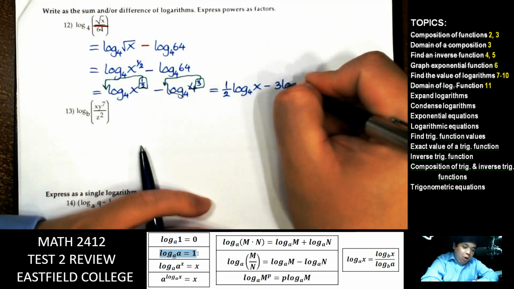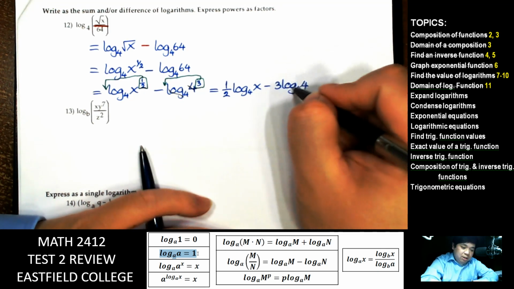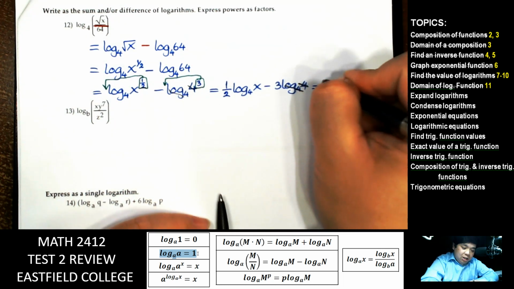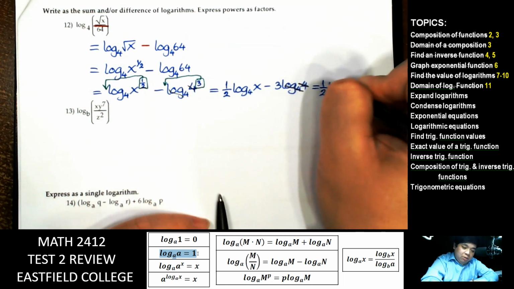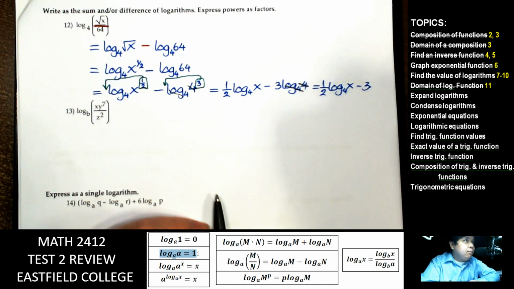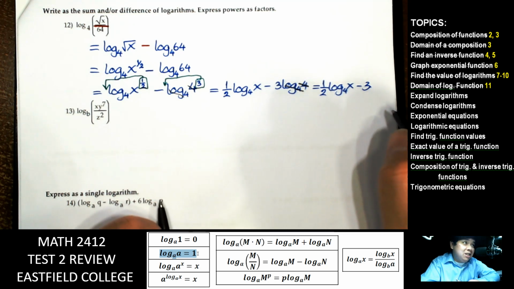Meaning that log base 4 of 4, as long as the base and the argument are the same, cancels. So that's still 3. So it's 1/2 log base 4 of x minus 3. Right. The next one is easier.